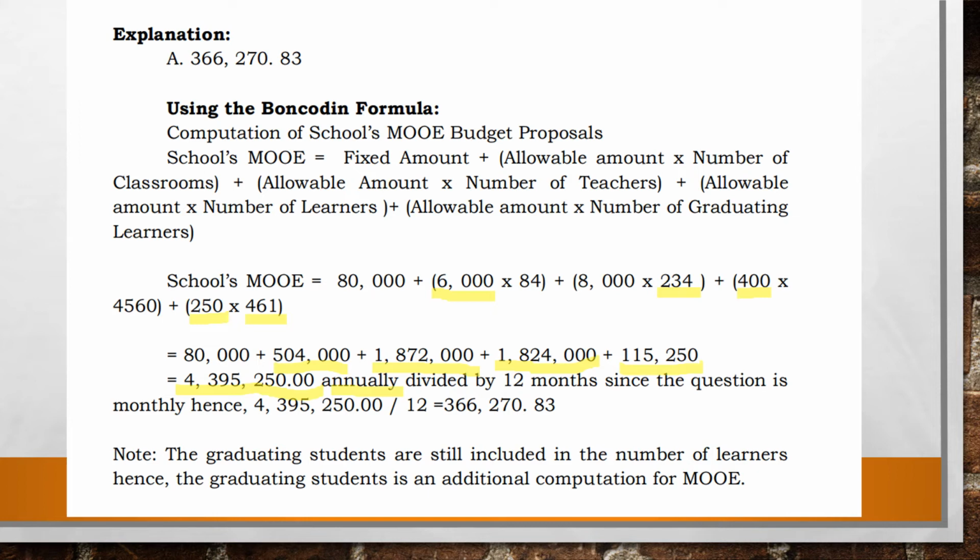We have to divide it by 12 using your calculator. The answer is 366,270.83. So again, the graduating students are still included in the number of learners. Hence, the graduating students is an additional computation for MOE.